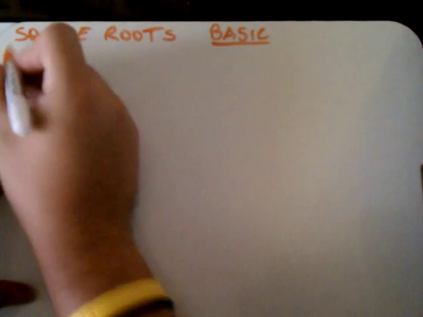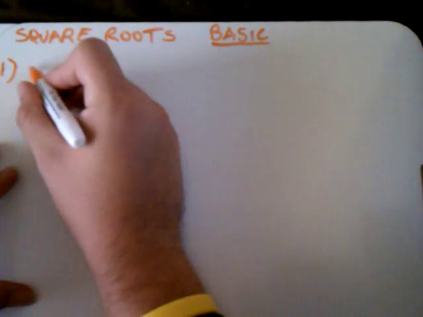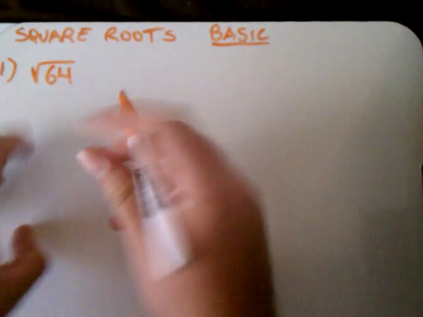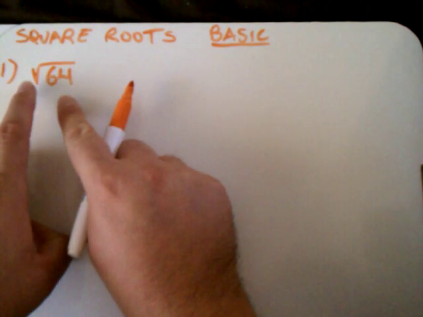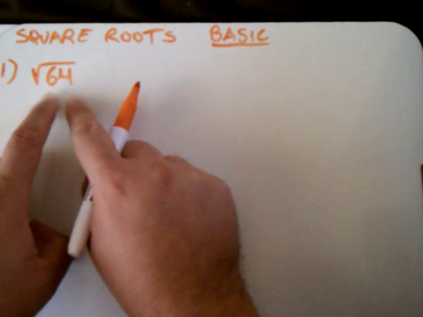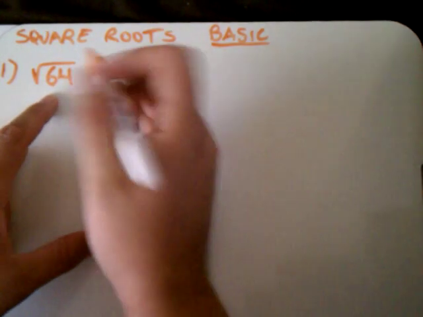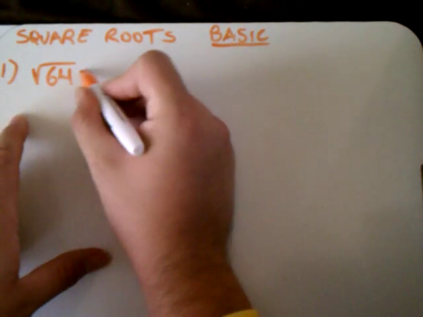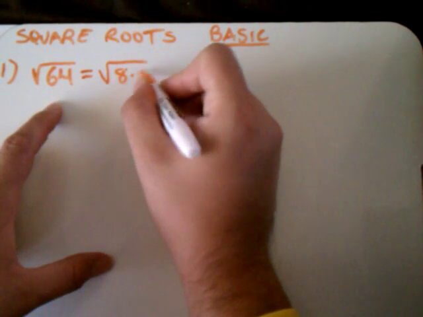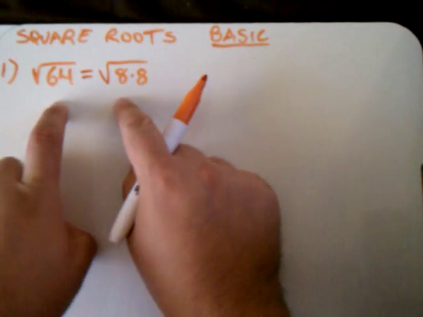Our first example is going to be what is the square root of 64. Again, it's easier to think of the square root sign as a little house, and you need to get partners, okay? This one is easy. This would be the same thing as having the square root of 8 times 8. Why do I say the same thing?